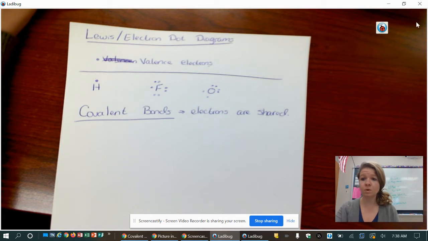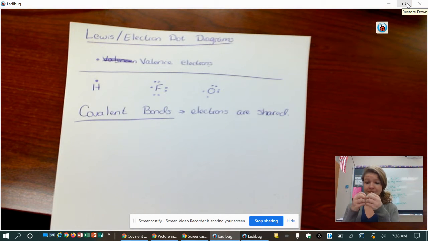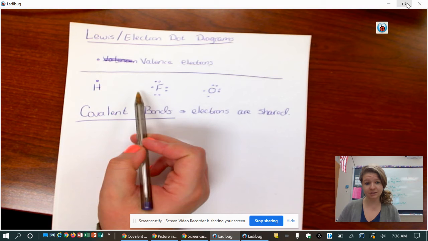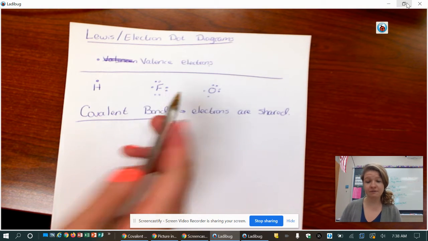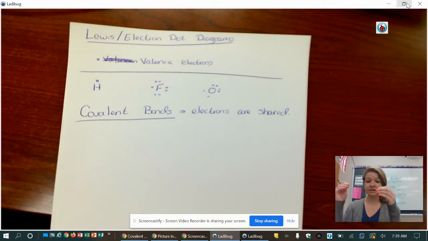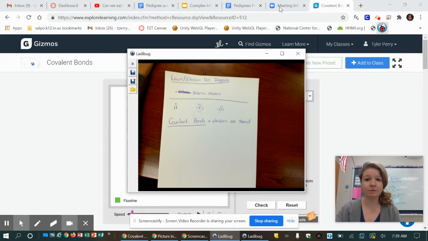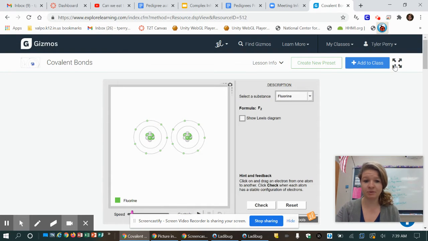So when two atoms get close to one another, if the outer shells of those valence electrons match up, those electrons can actually go to both atoms and swim around them, and that is what forms our bond.